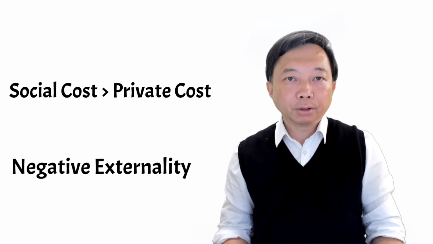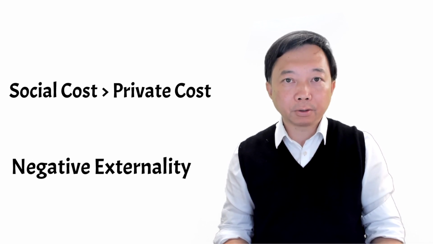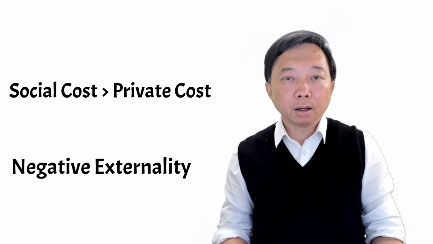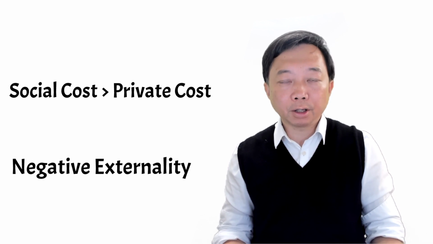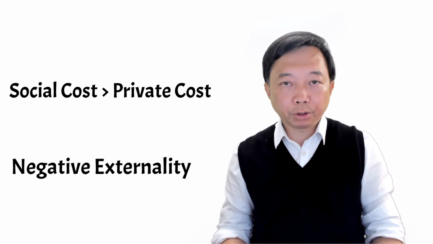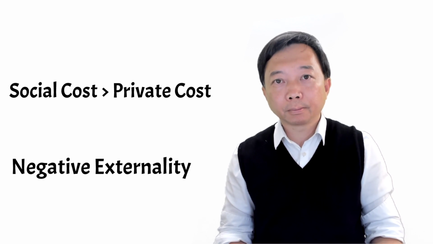In our case, the villagers only consider private costs, so the total number of goats is too large, and the grassland is overused. If the villagers consider social costs, they will reduce the number of goats.